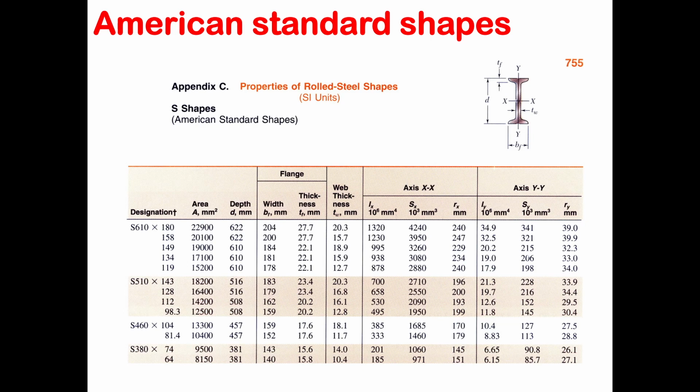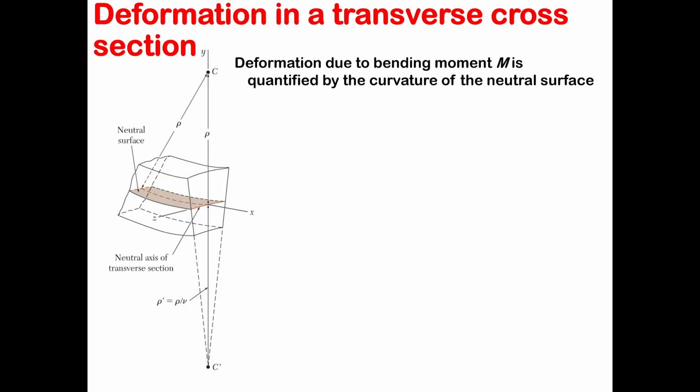I'm pretty sure if you Google I-beam moment of inertia tables, you will see tons of tables. But if you have the book for the mechanics of solids, you can go to the appendices and find the I-beam moment of inertia. Okay, so let's continue the discussion. Let's see how much further we can go.